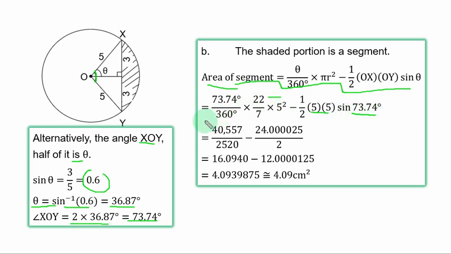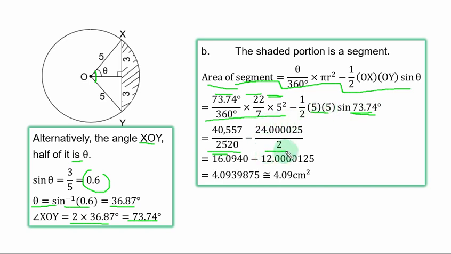If you simplify this first part, you get this result. That is, multiply this by 25, that is 5 squared. 360 times 7 will give you this. You check the sine of this, multiply it by 25, you get this result over 2.